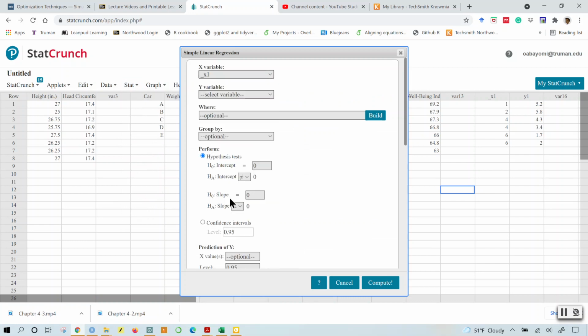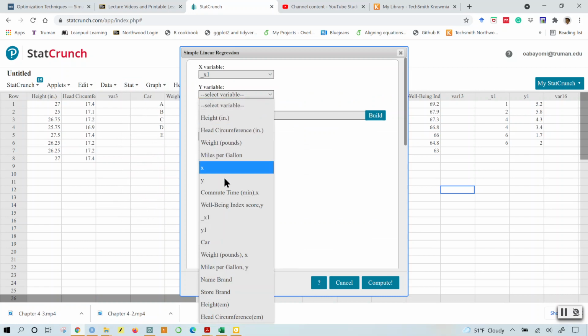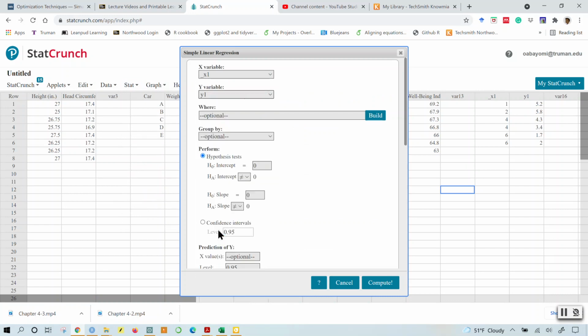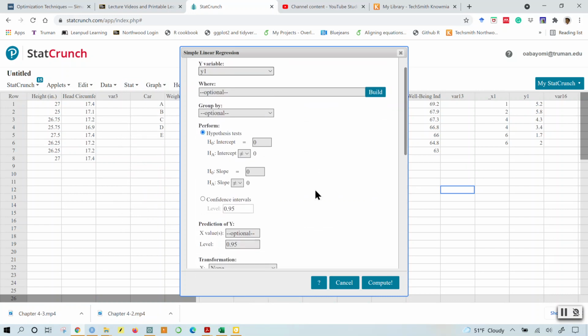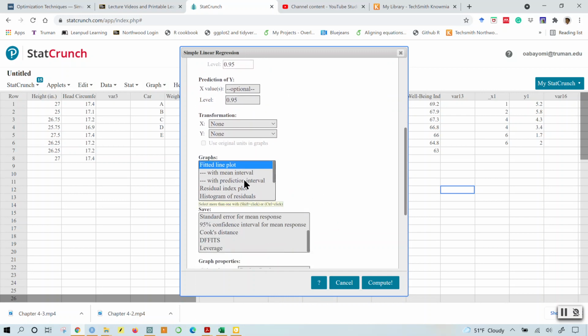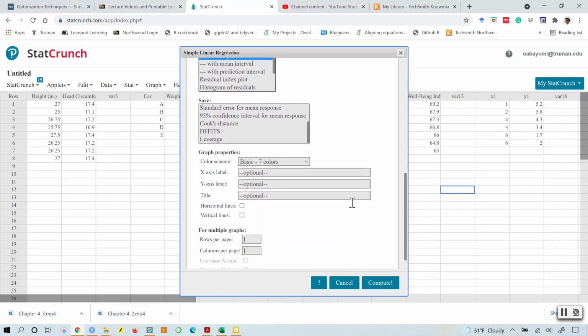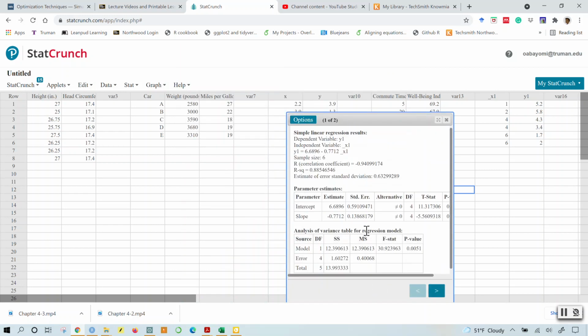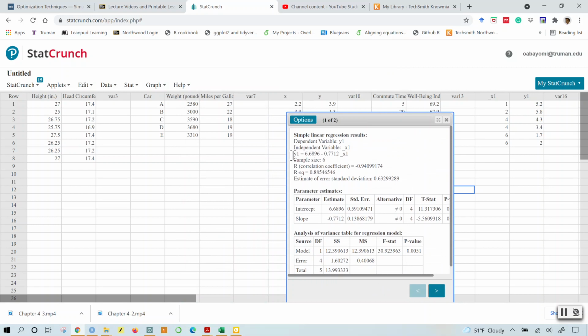That'll be my x1 in this case, and my y variable is my y1 in this case. Then be sure to show a graph. So graphs with fitted line plots. That'll be great. And I would compute.